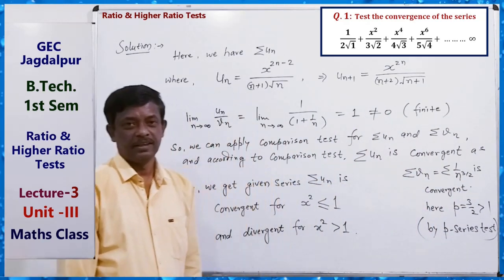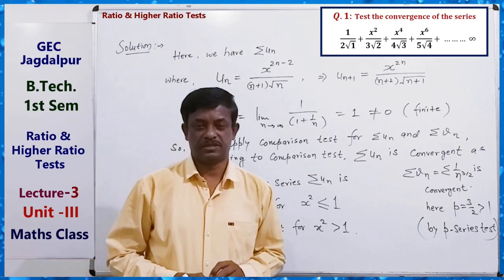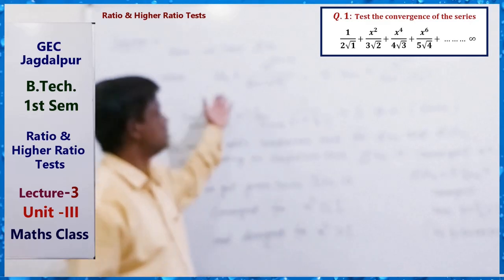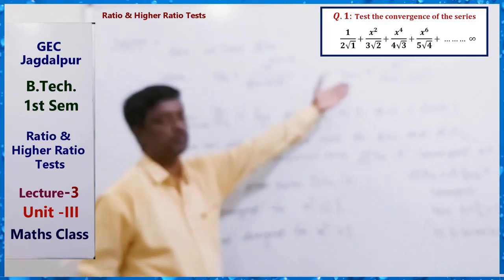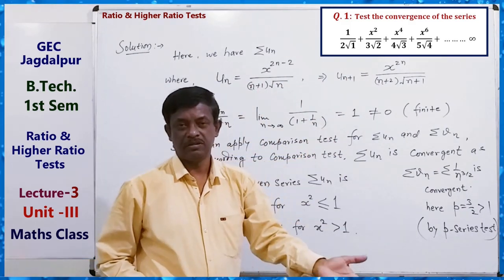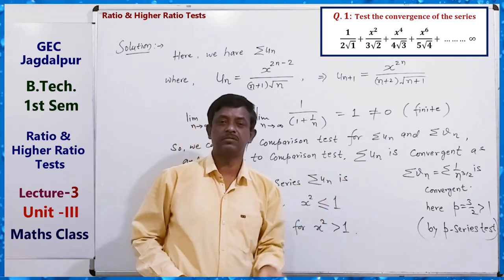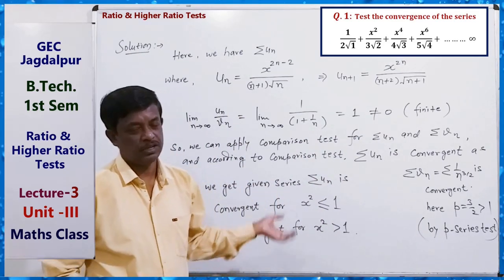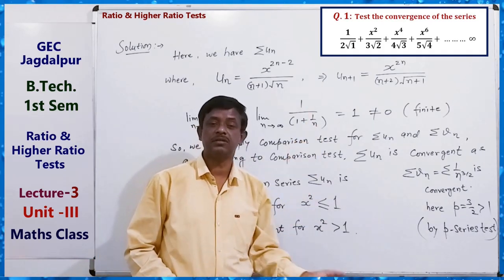Clear? So this is the ratio test. For a given series, you first have to find un, then un plus 1, the ratio, and its limit. If the limit is greater than 1, convergent, less than 1, divergent, equal to 1, the test fails. If it fails, then you can use any of the basic tests or further tests.